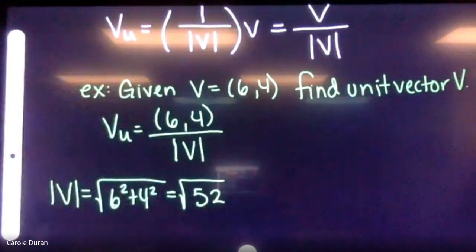So my magnitude here is the square root of 52. I want it left as the radical, because we're going to turn it into a fraction and we don't want a decimal in a fraction.